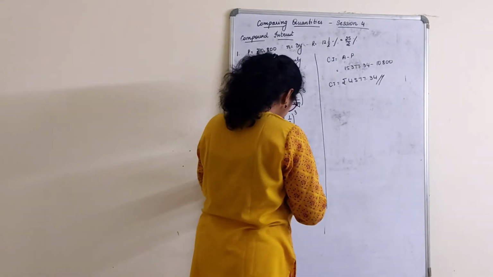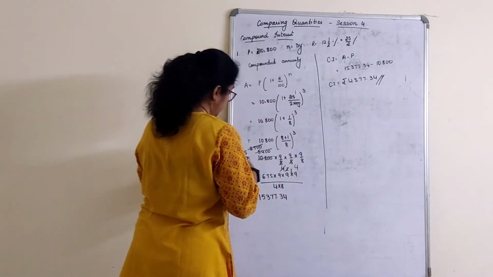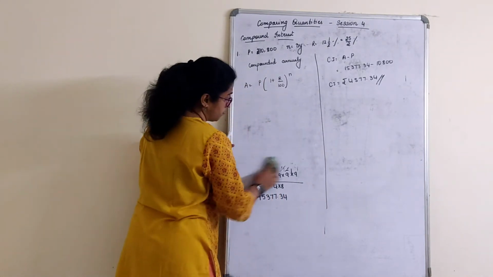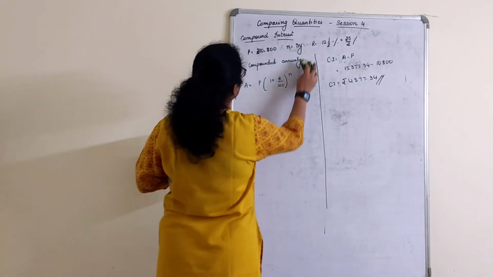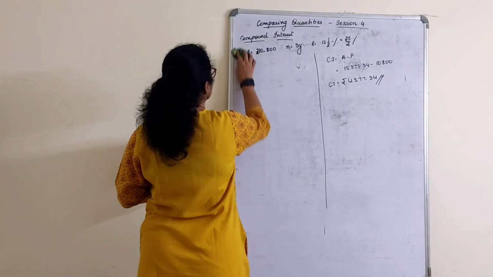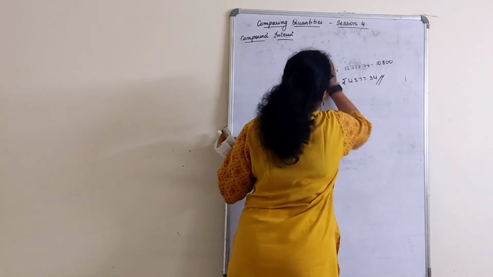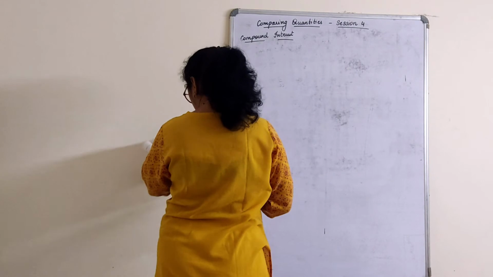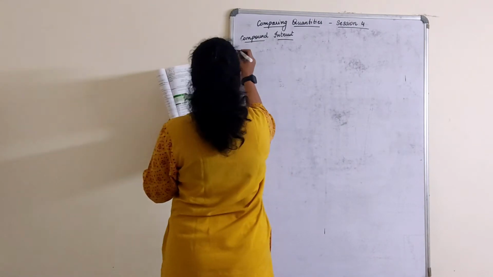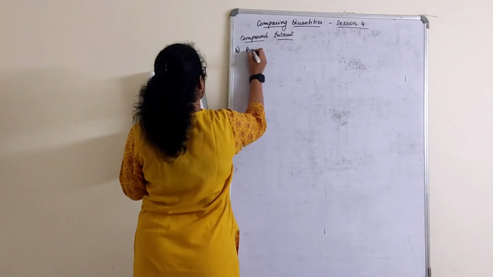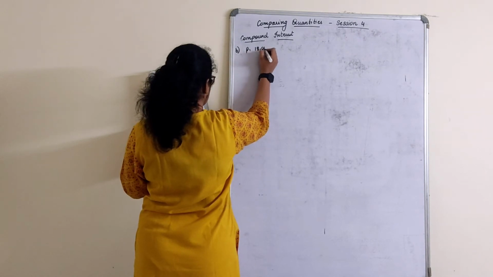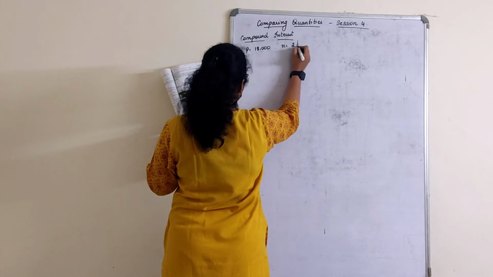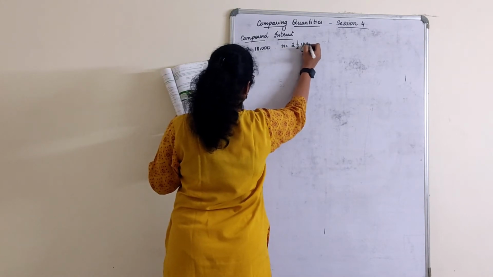Next one. A principal of rupees 18,000 where time is 2.5 years, right?